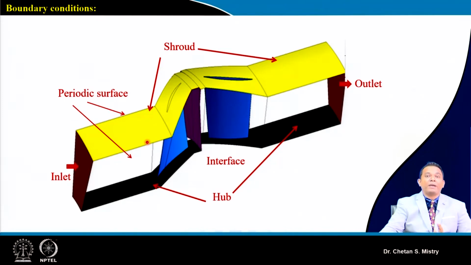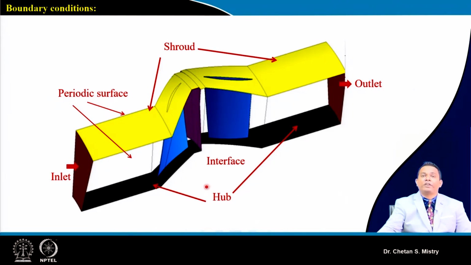Many times, based on the application where we are using this fan, people consider the inlet domain. So this is my inlet domain. In the same way we have an outlet domain. This surface represents my outlet configuration.